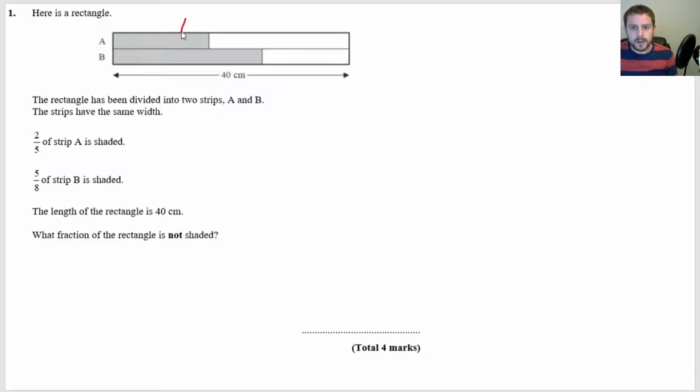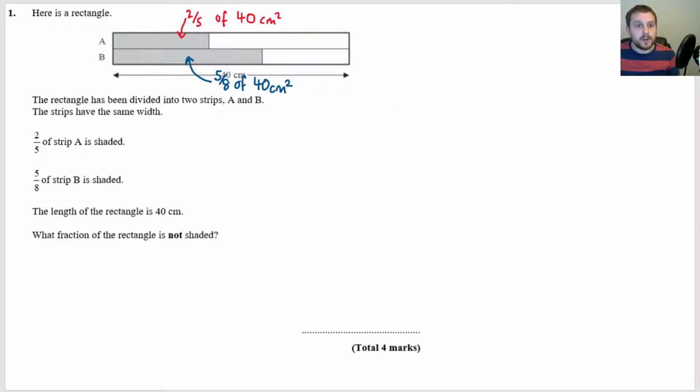So this is 2/5 of 40 centimeters squared, and this bottom one is 5/8 of 40 centimeters squared.